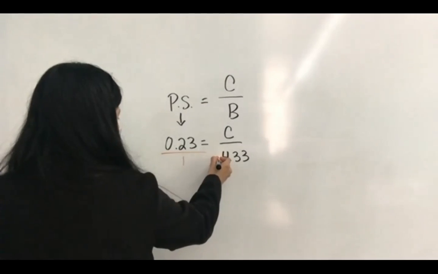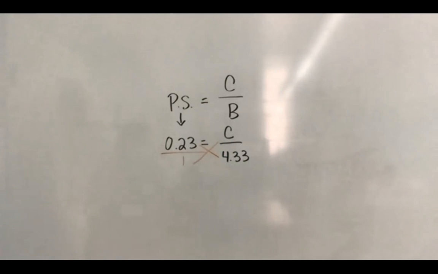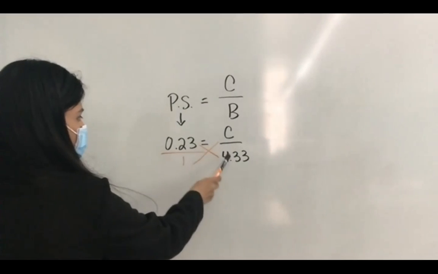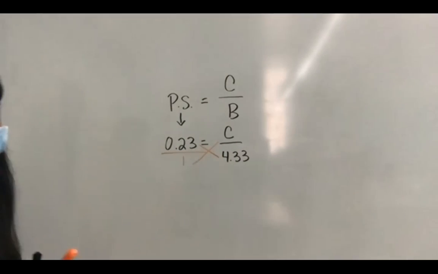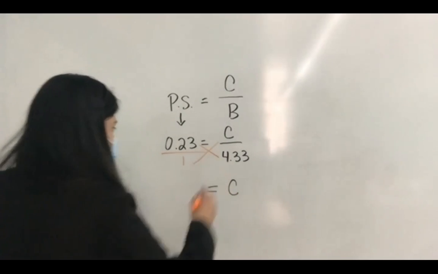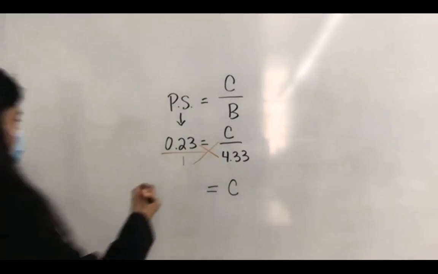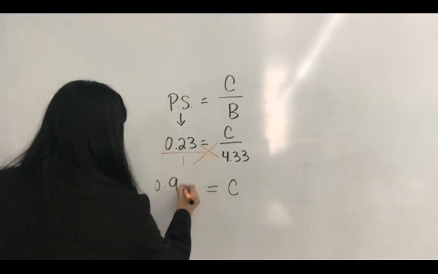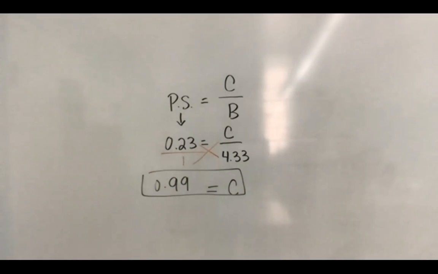Perfect. We're going to cross multiply. That's usually the strategy when you have a fraction equal to a fraction. So then what you want to multiply is 0.23 times 4.33. Then we're going to do 1 times C. 1 times C is just going to be C. And then I'll wait to see what you get for your C there. Which would be 0.99. There's your C term. So that's how you would find your C using your phase shift formula.